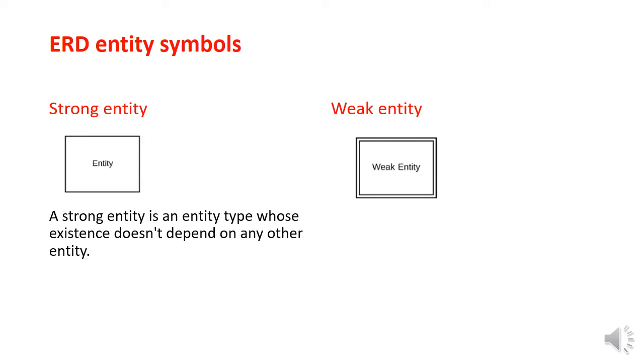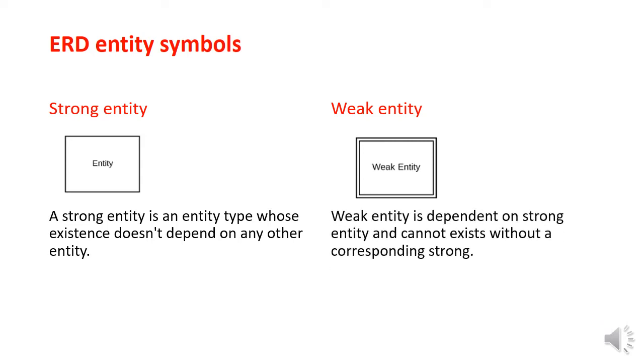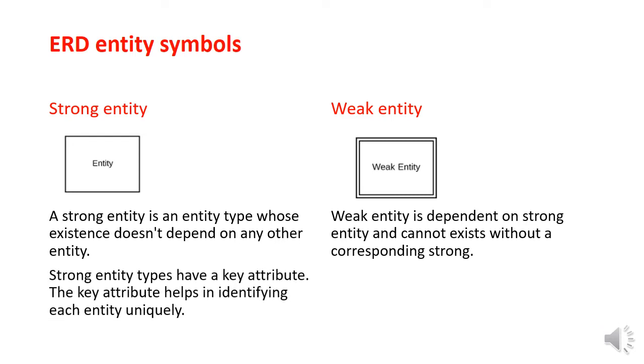A strong entity type does not depend on any other entity, whereas a weak entity depends on strong entities. Strong entities have key attributes, the properties which uniquely identify them within the entity set, whereas a weak entity does not have a key attribute.